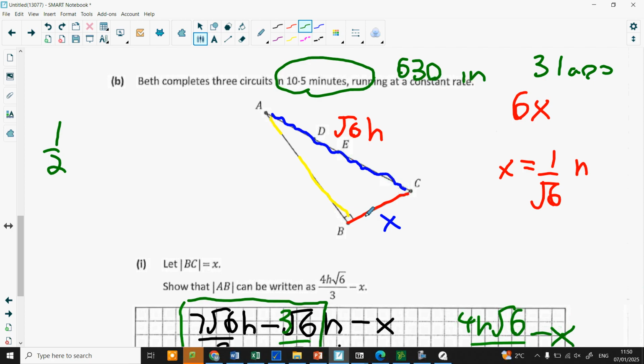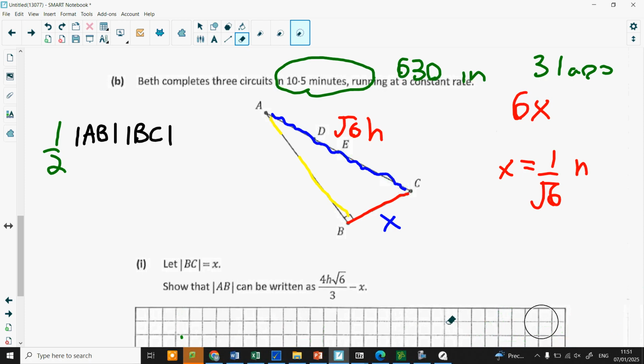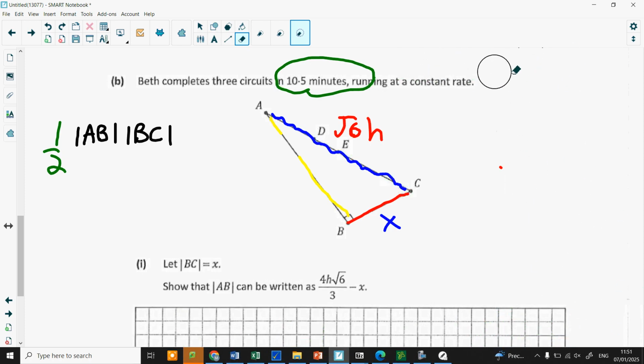I think I've pretty much used the whole alphabet on this question, but I'm going to call it R. So would you all be happy with half R times X equals 16,800? Would you also be happy with the fact that R is equal to 4h root 6 over 3 take away X? You happy that that's what R is?